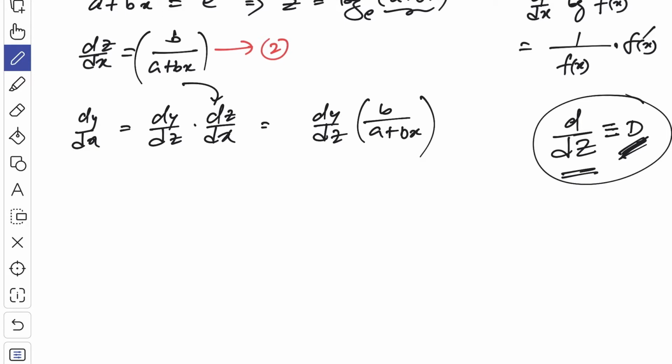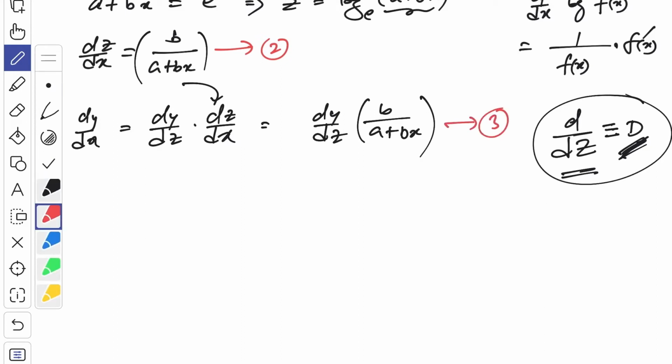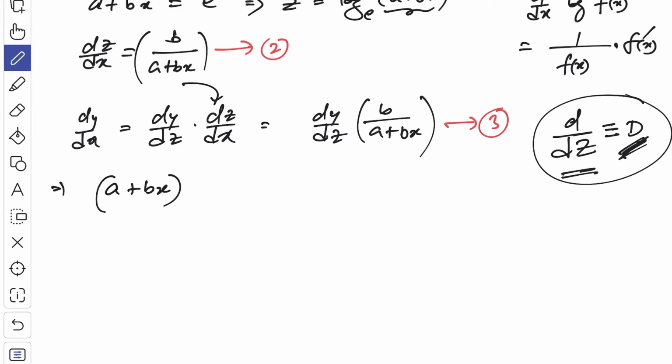So from here, let me write, this is equation number 3, and this implies a plus bx times dy by dx is equal to b times dy by dz. This can be represented by capital D of y. D means d by dz, right?